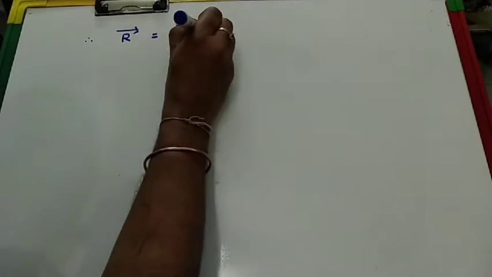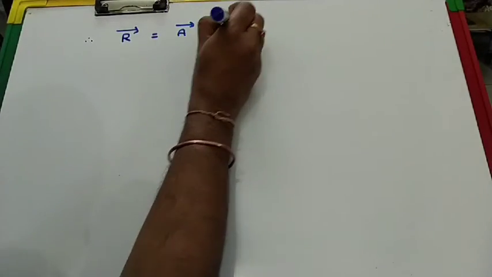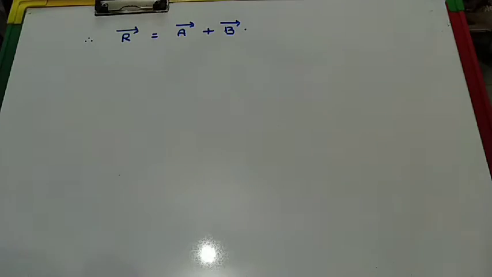Therefore, R vector is equal to A vector plus B vector. This is about when two vectors are acting in the same direction. Now let us go for one numerical.